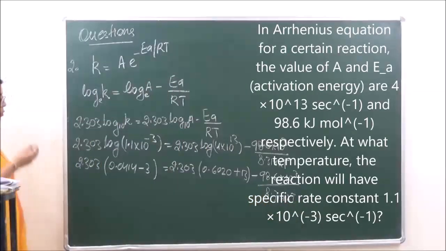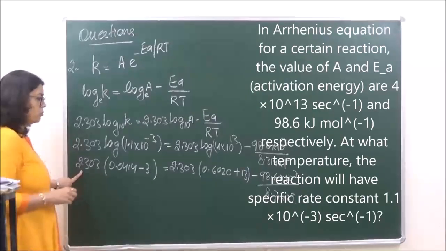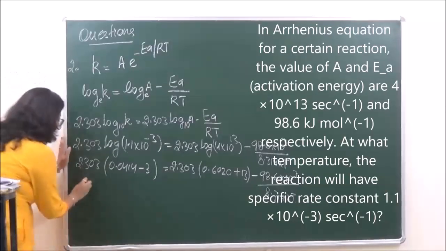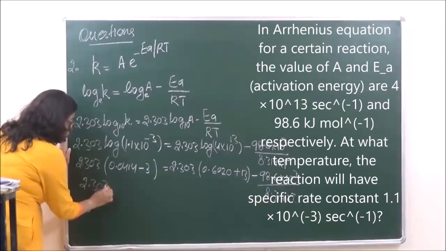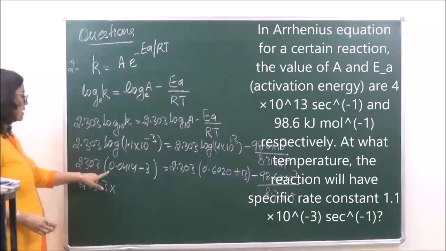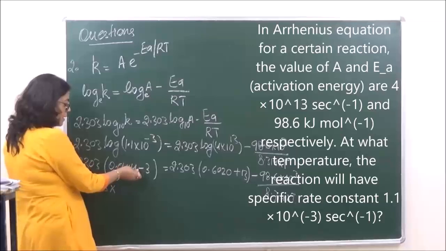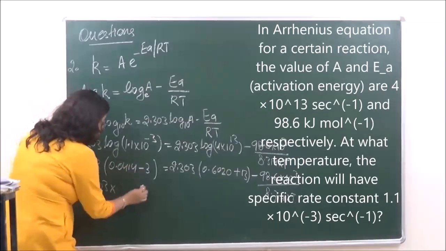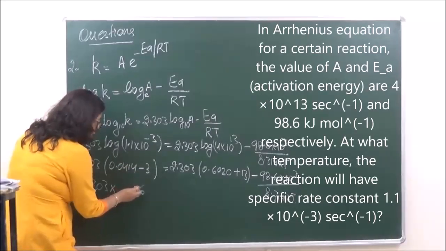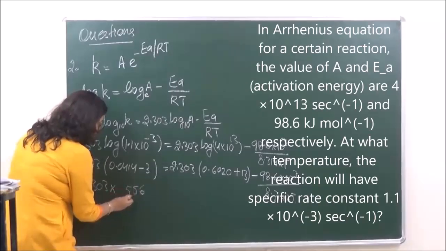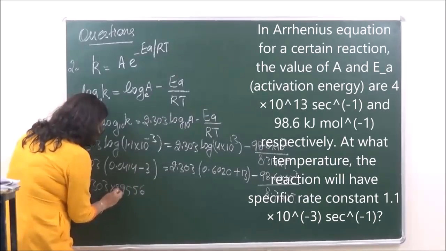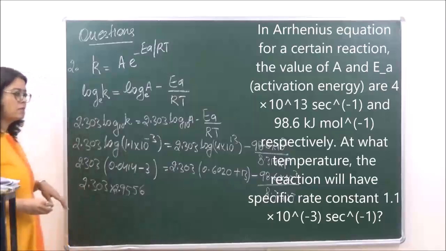Okay, now over here when we need to calculate, we let the 2.303 remain as it is. So we have 2.303 into, this is coming as 0.0414 minus 3, that will come as 2.9556.